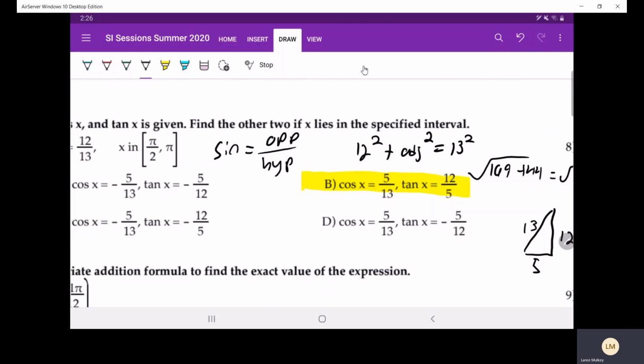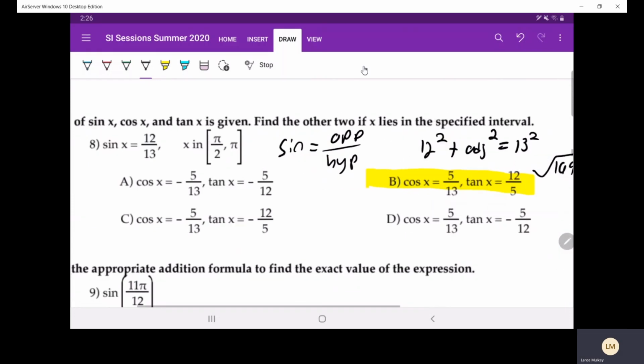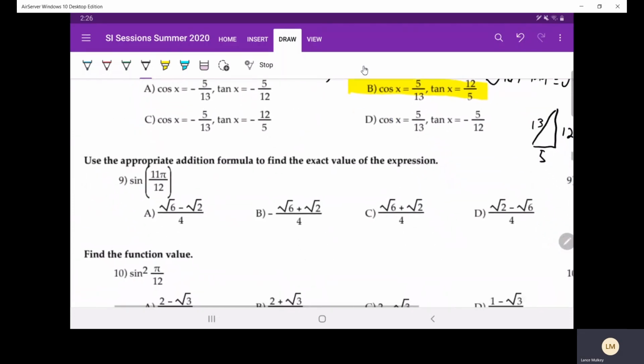It could be C too, honestly, but I think it's B. Depends on how picky he is.